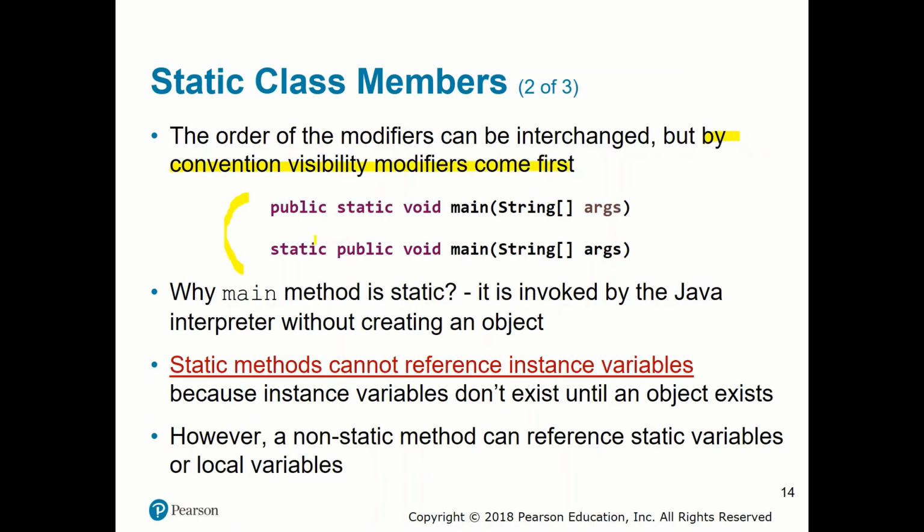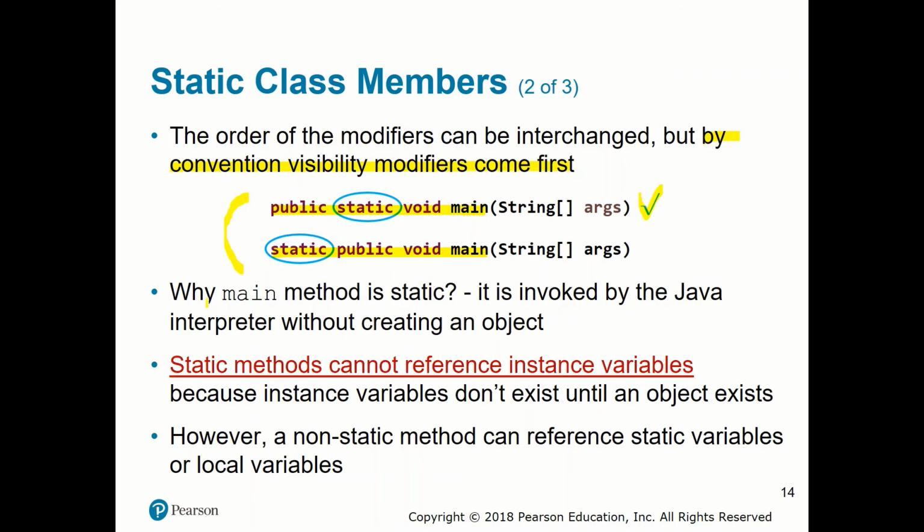Public, protected, private are visibility modifiers. So public static void main, or static public void main, both are okay, but this is preferred, because the visibility modifier will be first. That is the recommendation.